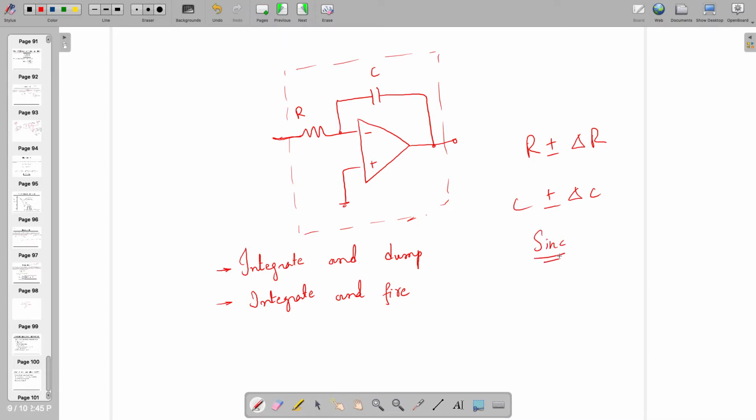The sync function advantage cannot be used.